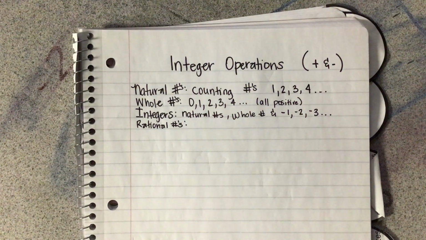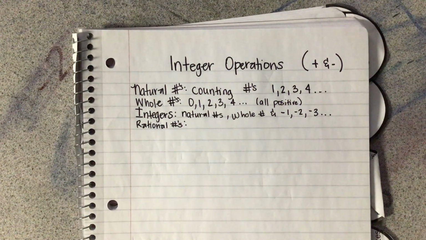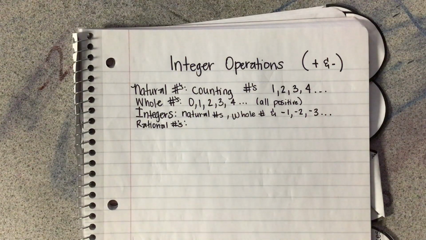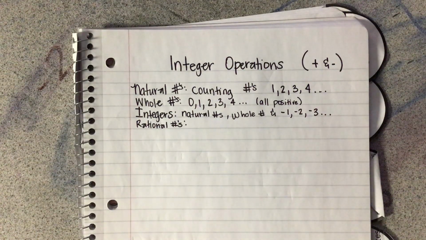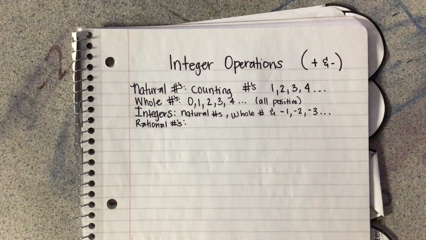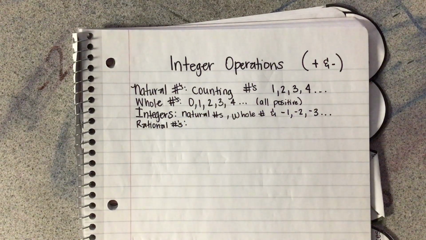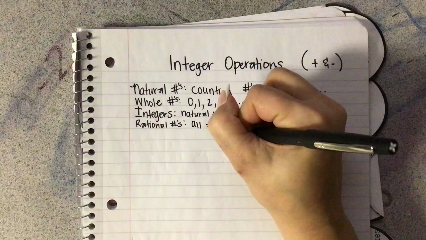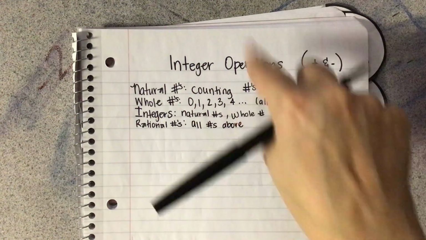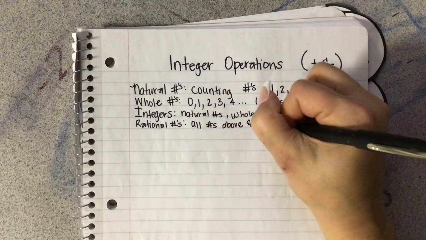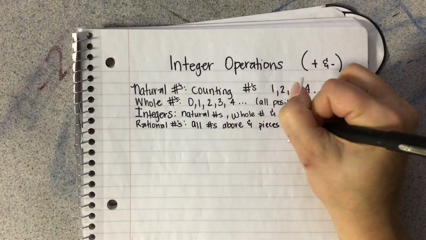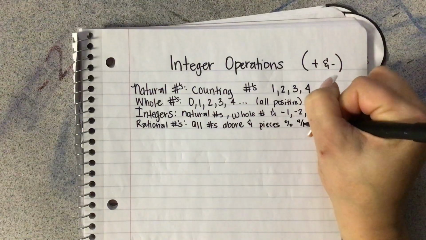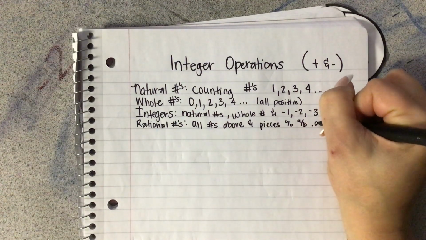There's not any number that's not considered a rational number. 6, 7, rational number. 41, rational number. 21, rational number. 6.25, rational number. 33 1/3%, rational number. So rational numbers are all numbers. All numbers above and pieces of numbers. So your percents, your fractions, and your decimals.